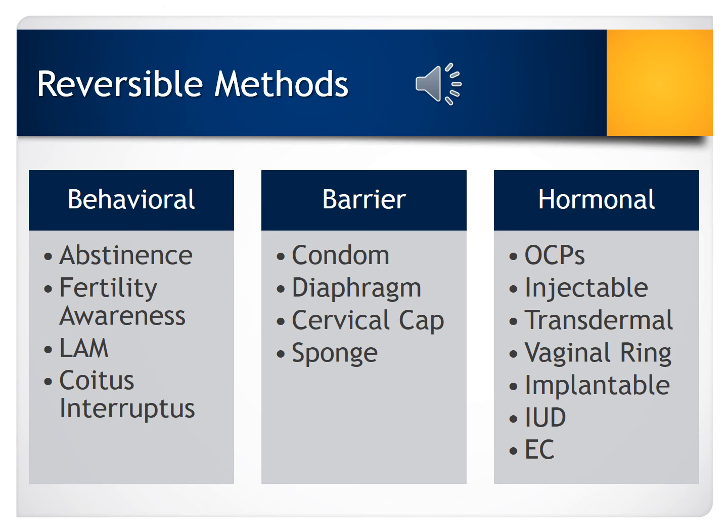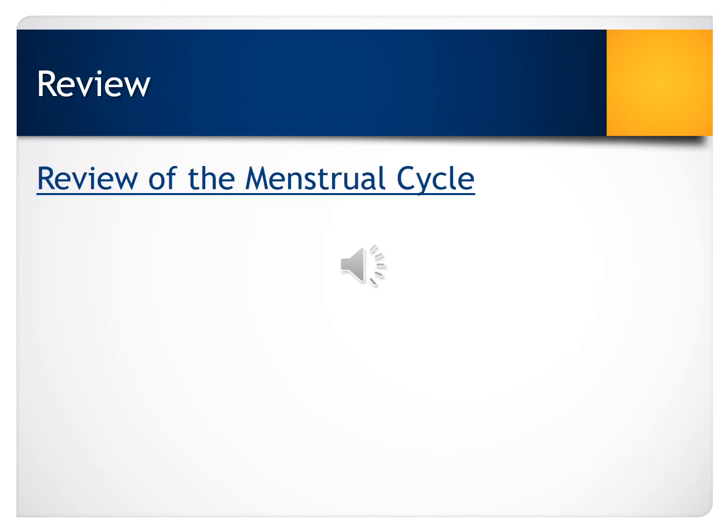And then we'll get into a couple of videos that go into some of these categories in more depth. Let's take a review of the menstrual cycle, paying close attention to the impact and effects of estrogen and progesterone on the menstrual cycle, because that will help you to understand how these contraceptive methods work.